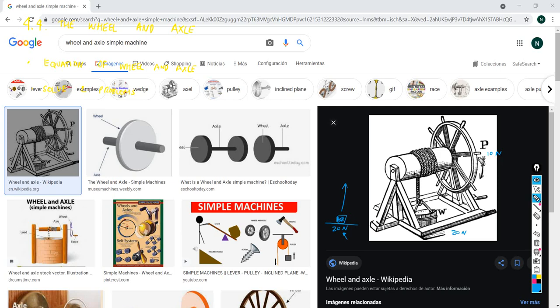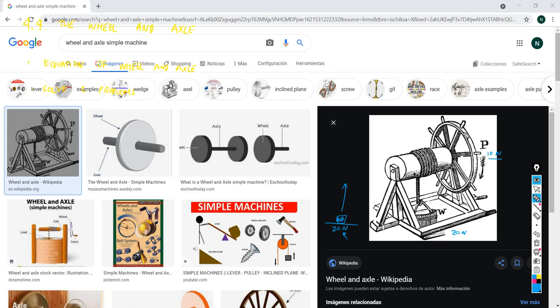Now, what's going to be the disadvantage of this? Because remember, these things are not magical. There must be a disadvantage. Well, the disadvantage is that you're going to have to apply this small force over a longer period of time, or over a longer distance, because you're going to have to turn this wheel many times in order to raise the bucket of water just a very short distance.